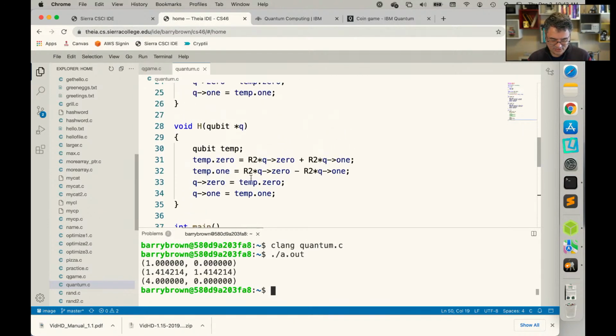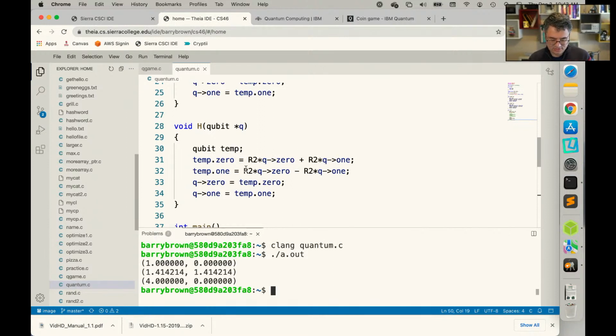Did I do something wrong here? Let's see. Q0 to Q1. Mine went from 1 0 to 0 1. Okay, R2 times Q pointer 0 plus R2 times Q pointer 1.